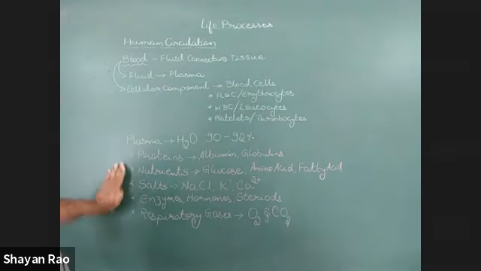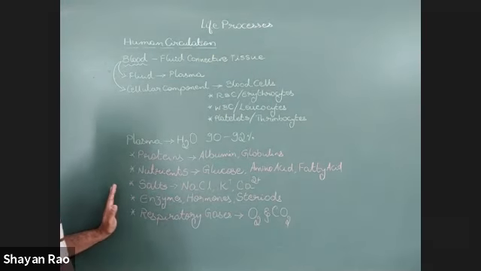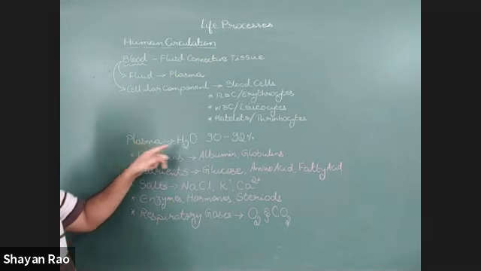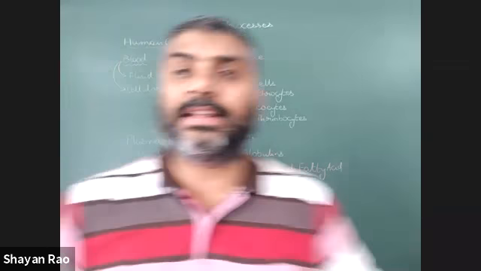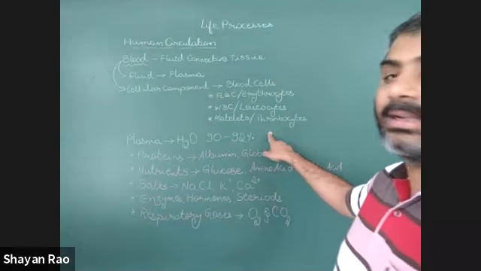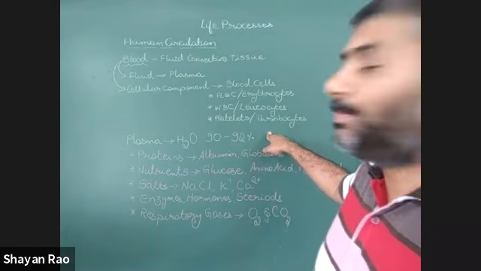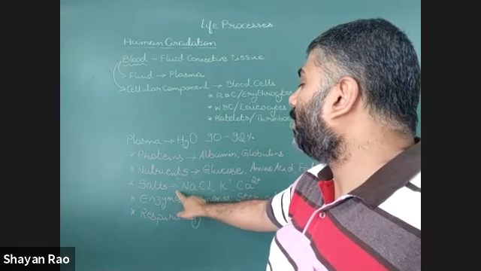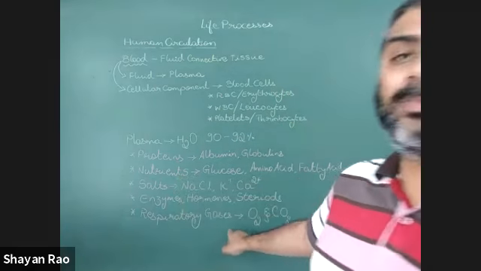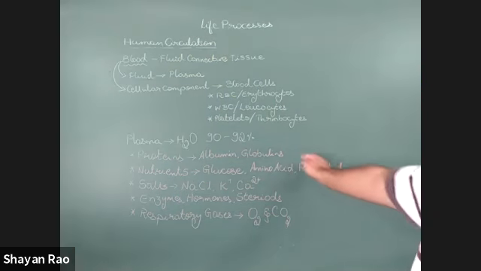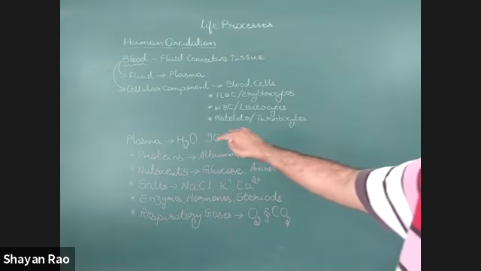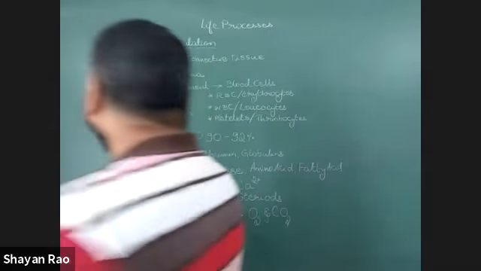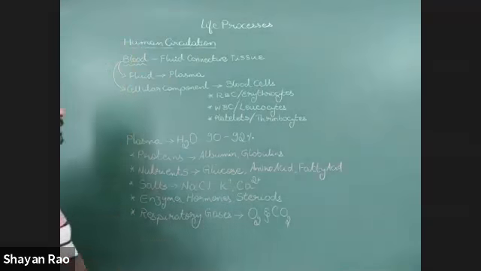So all these are the components present in the plasma other than water. If water is 90 to 92%, the other 8 to 10% is proteins, nutrients, salts, enzymes, and respiratory gases dissolved in this water. So that makes up the entire blood component.